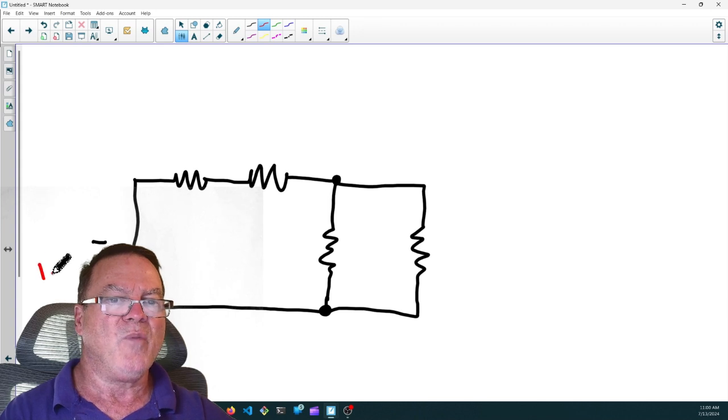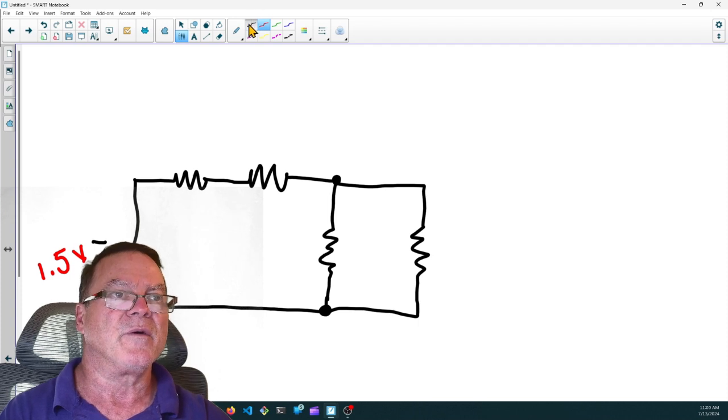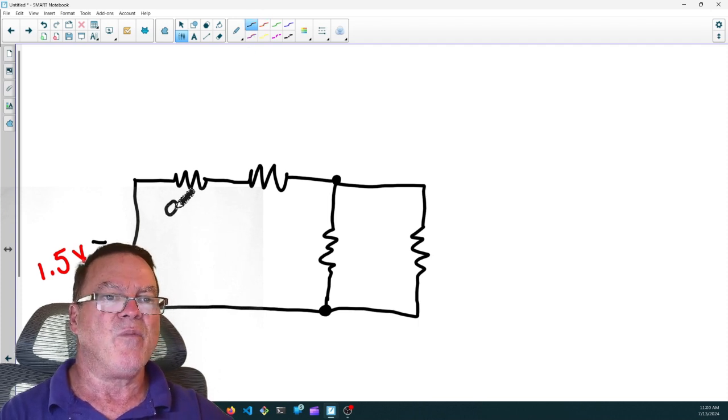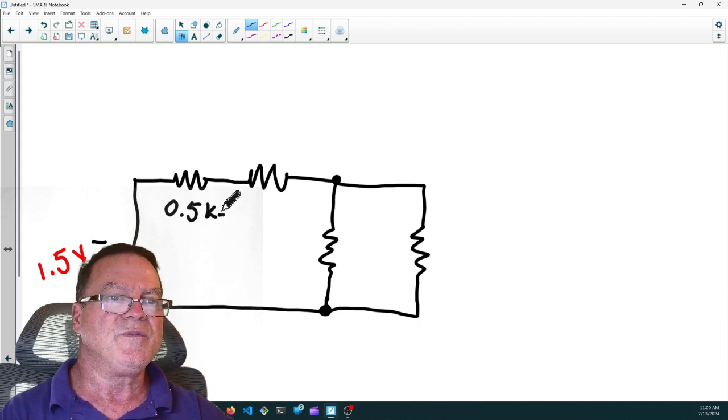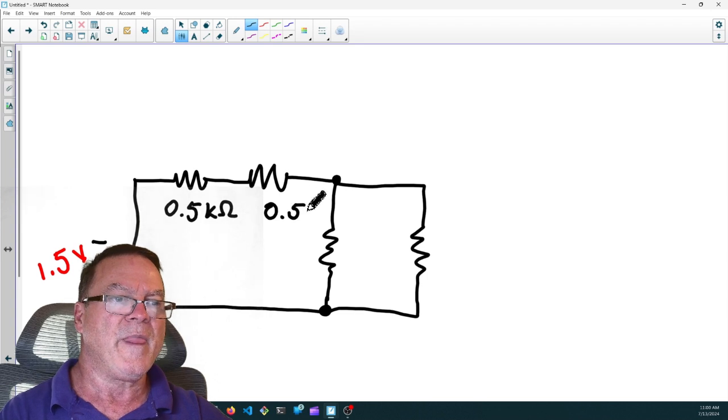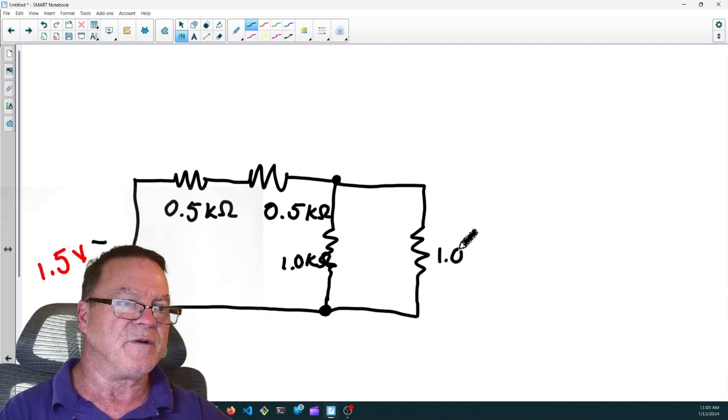We have 1.5 volts, if I remember correctly, and this is 0.5 kiloohms, and this one is 0.5 kiloohms. This one is 1.0 kiloohms, and this one is 1.0 kiloohms.